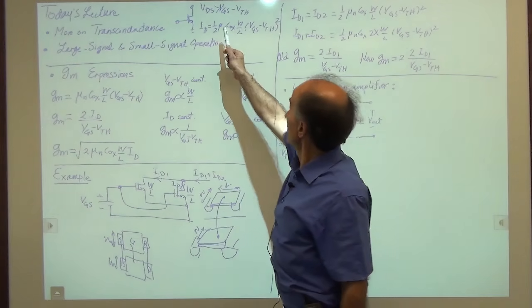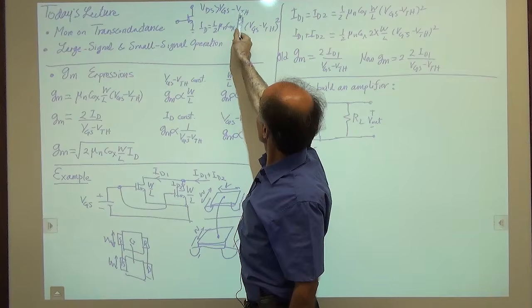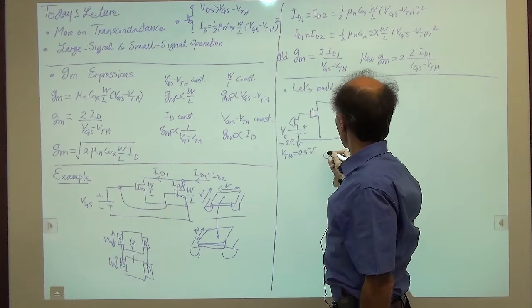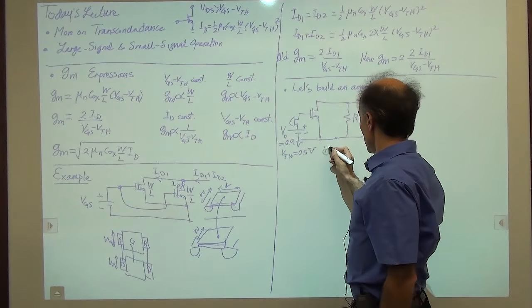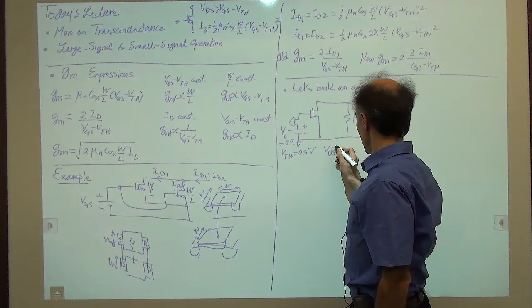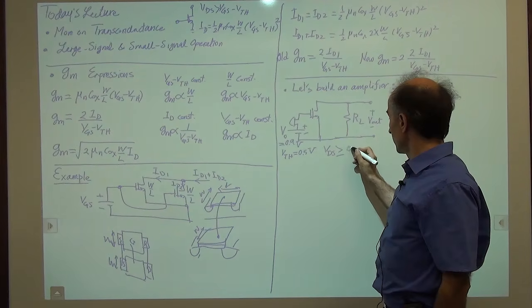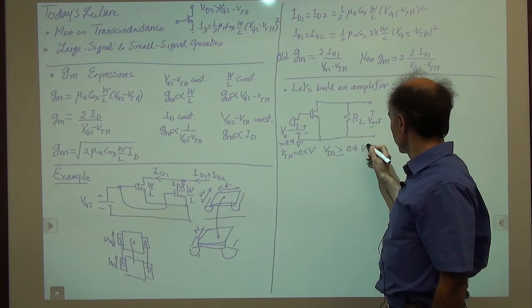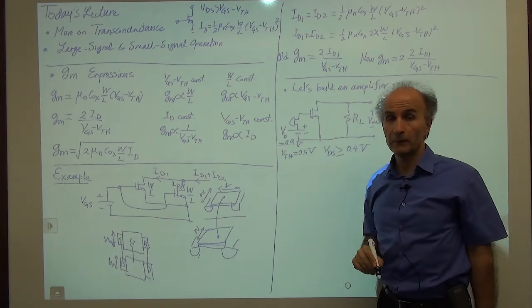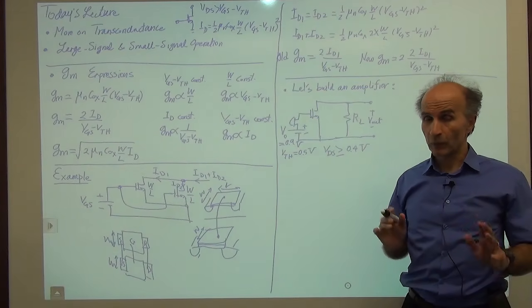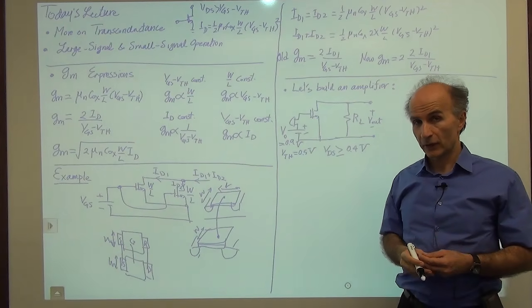This equation says it has to be 0.9 minus 0.5. So for this device to be in saturation, we require that VDS be greater than or equal to 0.4 volts. All right, if VDS is less than that, we have a problem. We are in triode region, not in saturation.